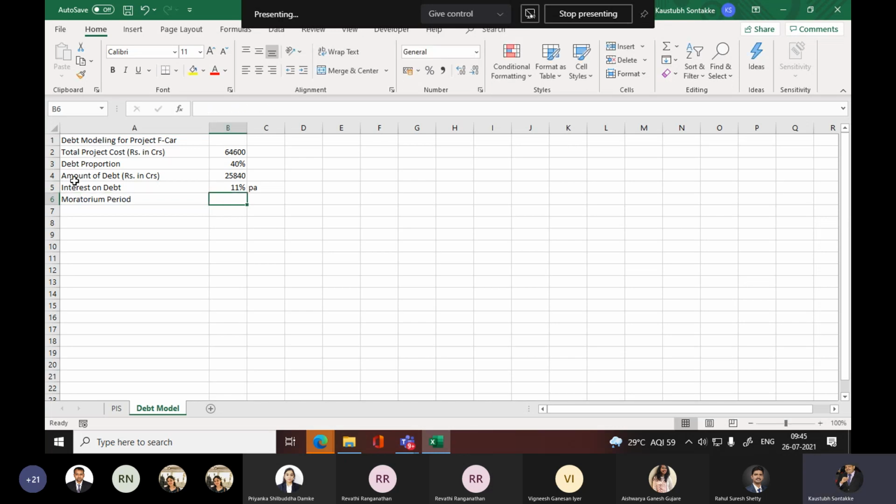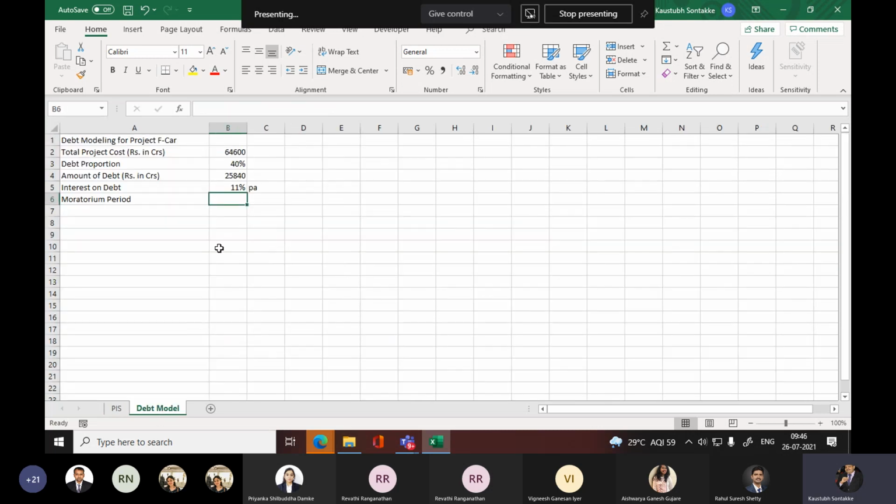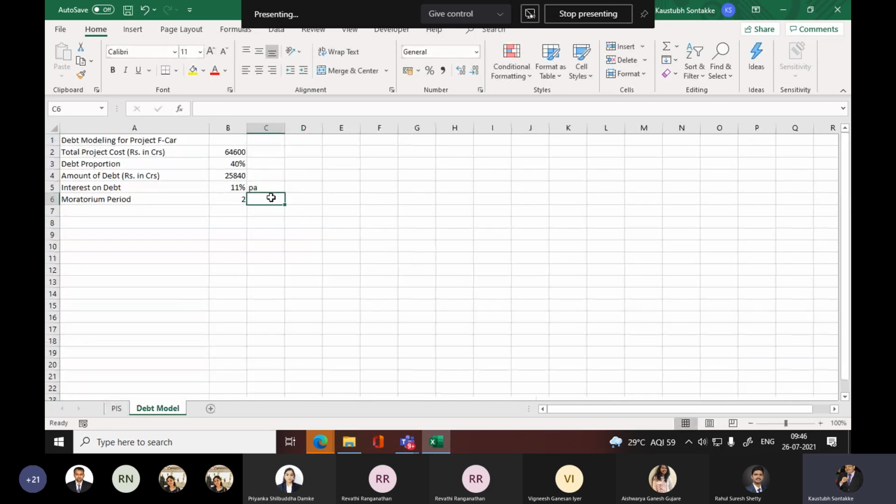We have seen this, what is moratorium period, in the previous session when we wrote this PIS. You can see here moratorium period is 2 years. So we will bring this 2 here, is equal to, go to PIS, bring 2, and in the side cell you may write years.